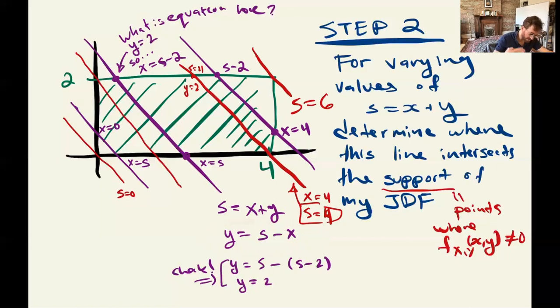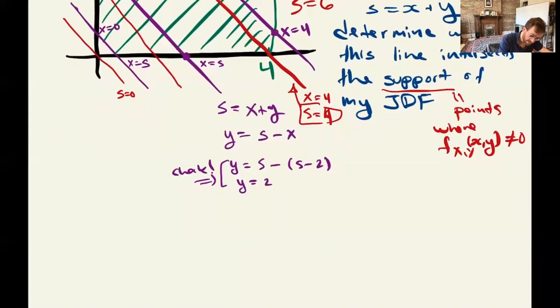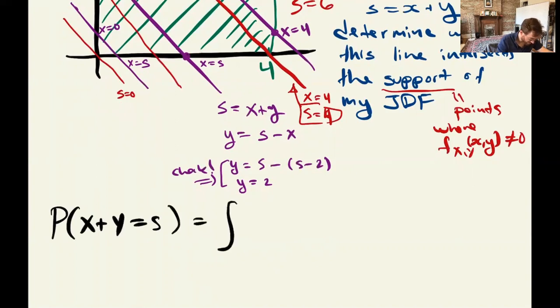All right, very good. So that seems pretty complicated, but let's go ahead and just work out the integral. And what we're doing here is we're determining fundamentally this sum, which is that the probability that x plus y equals s is governed by the integral, and we'll have some x limits that we've just discovered.